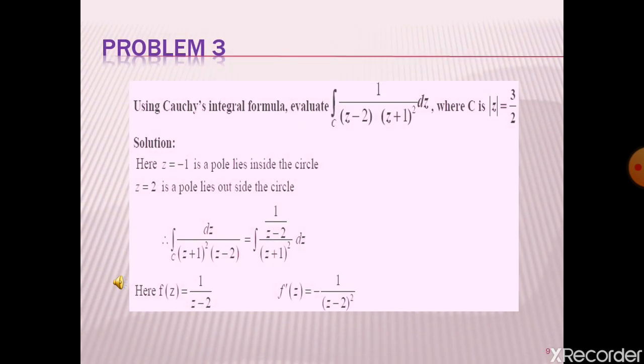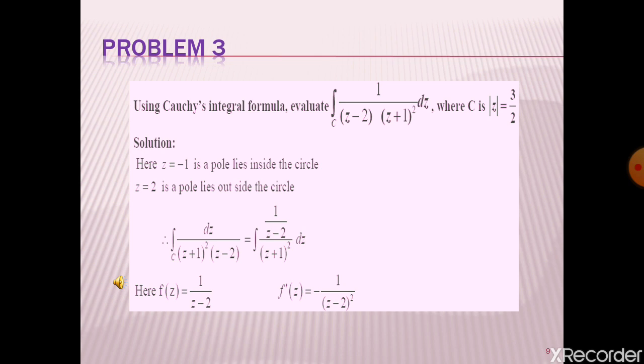Now we take the third problem. Using Cauchy's integral formula, evaluate the integral over C of 1/((z - 2)(z + 1)²) dz, where C is |z| = 3/2. Now the denominator consists of 2 points, -1 and 2, and the given circle is of radius 3/2, that is 1.5.